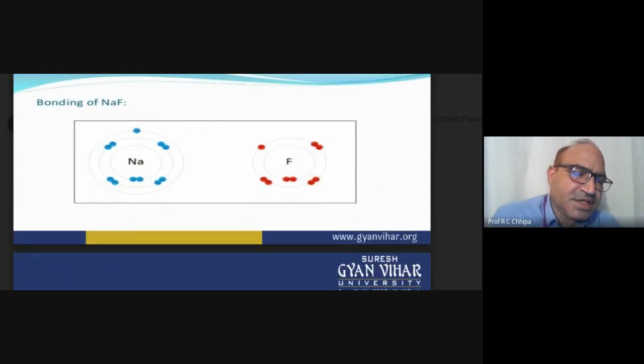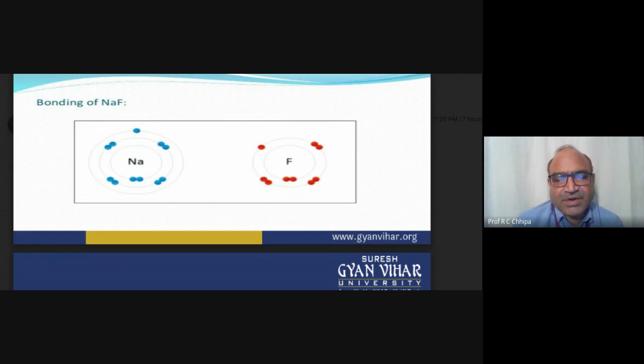So what happens in the case of fluorine? One electron is added, and the electronic configuration of fluorine becomes the arrangement of an octet. So the octet is completed in fluorine as well as in sodium.